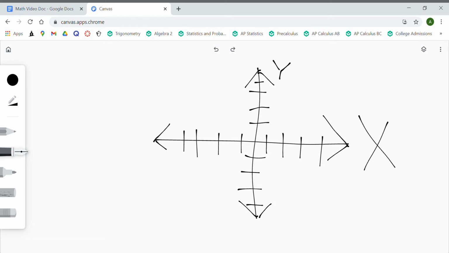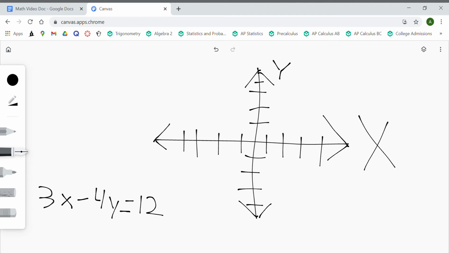Alright, now you try it. How about 3x minus 4y equals 12. Why don't you pause the video, find your x and y intercepts, and then use them to graph.